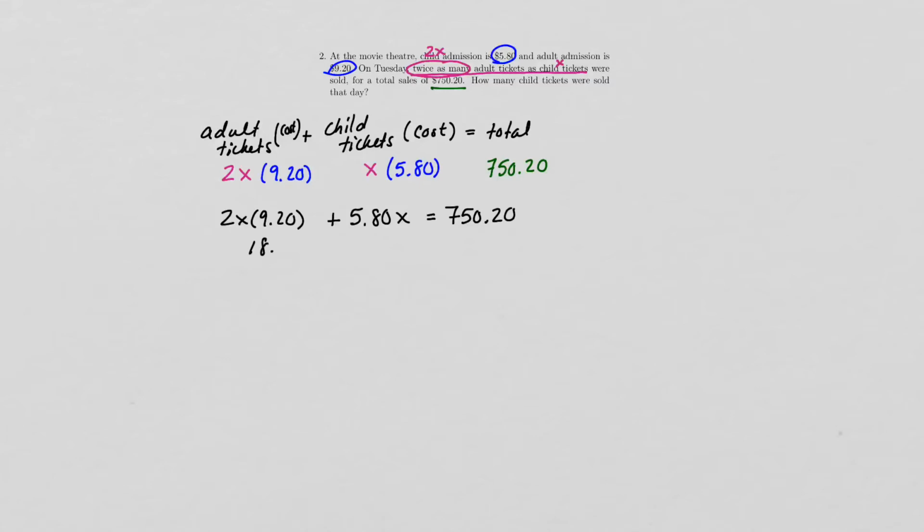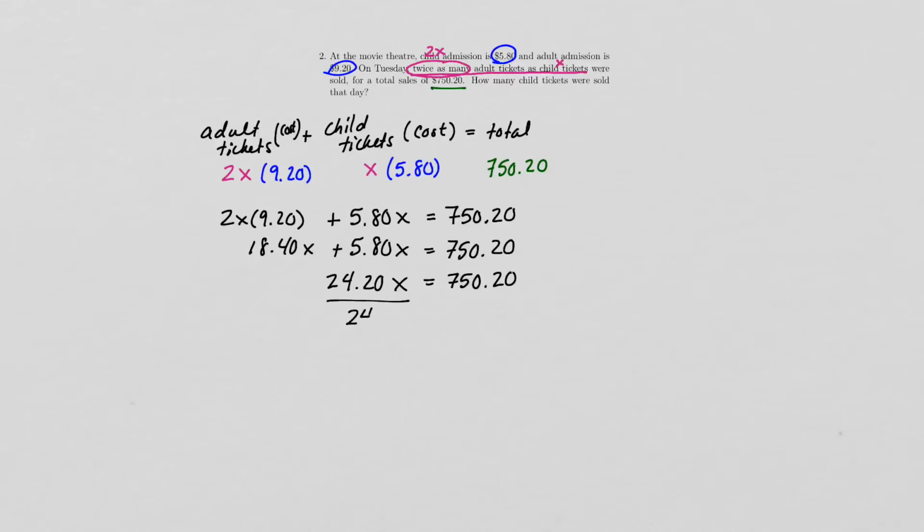So this is telling me that 18.40x plus 5.80x equals 750.20. And if I add 18.40 plus 5.80, we have 24.20x equals 750.20.